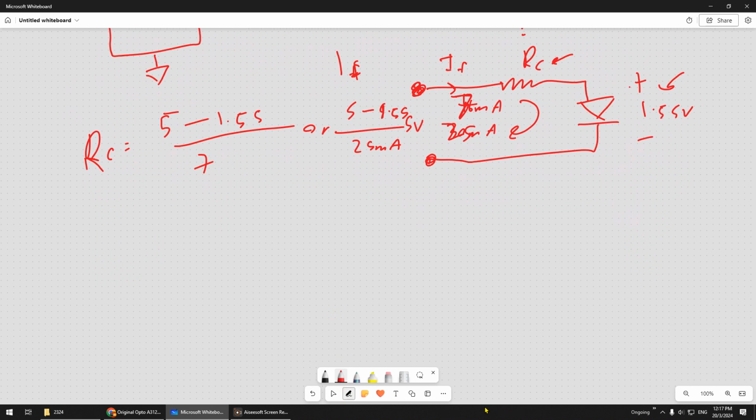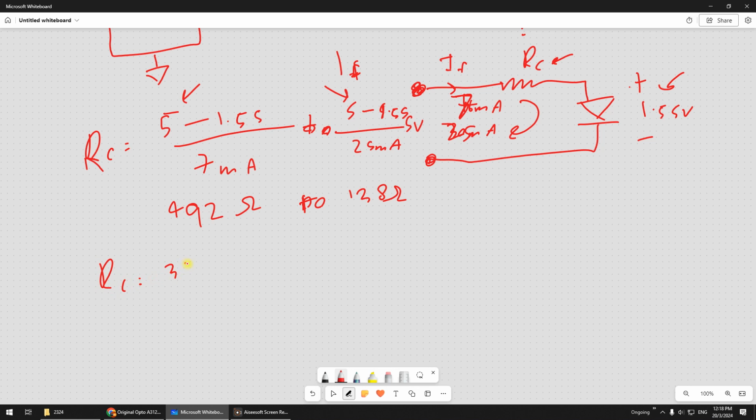Let me pause this to calculate. So I already calculated. The resistance needs to be around 178.2492. Okay, so this is for a 5 volt signal. Sometimes you use the ESP32, it will produce 3.3 volt, right? So same method.